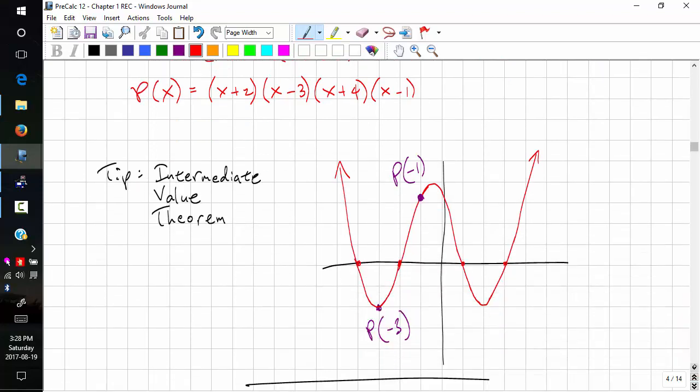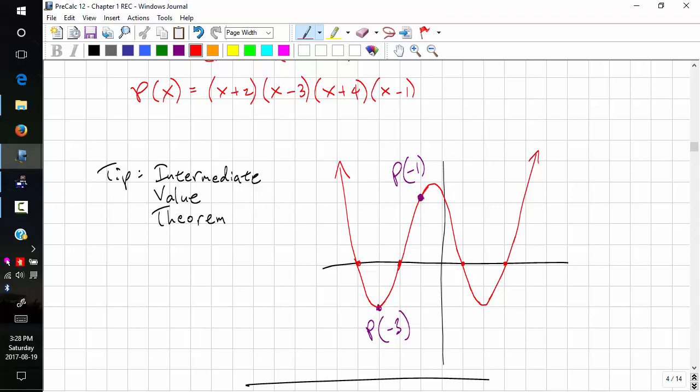So I've known the factors, so that makes it easy to illustrate. But what happens if you don't know the factors? If, for example, we tried a equals -1 and a equals -3, we would have got a negative number here. We would have got a positive number here.